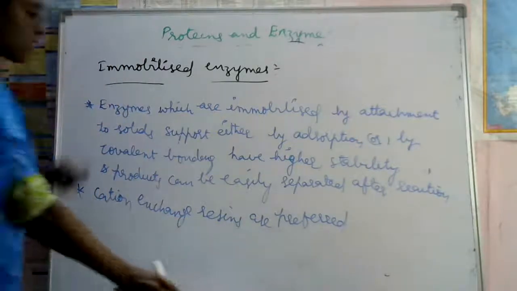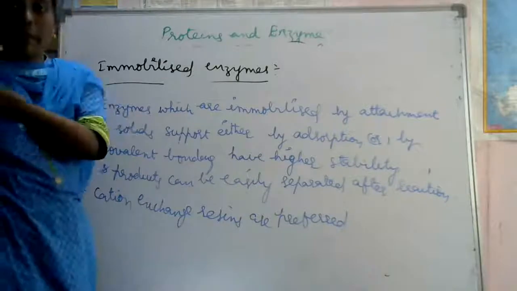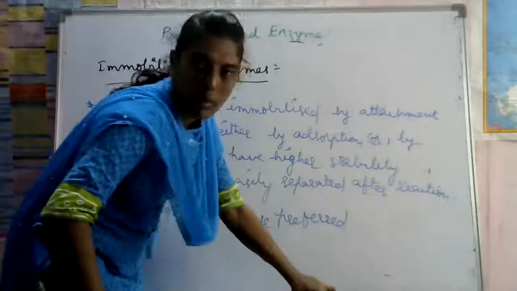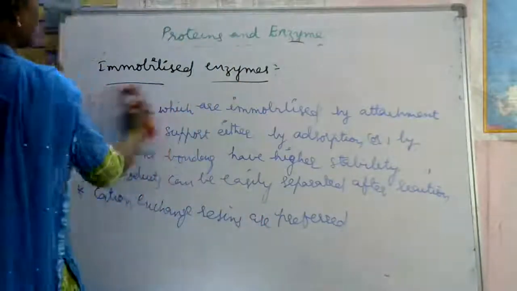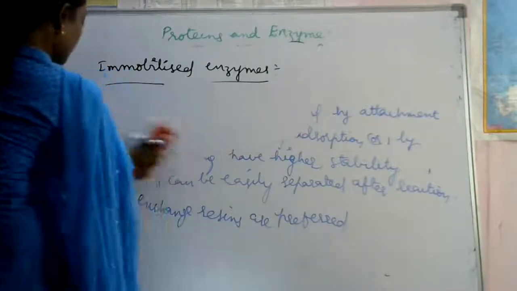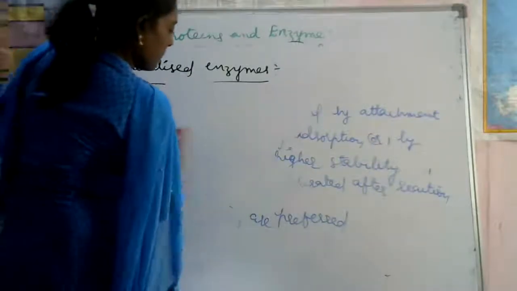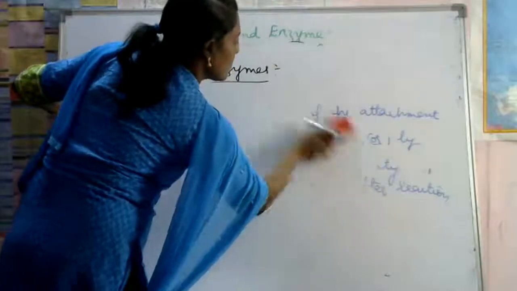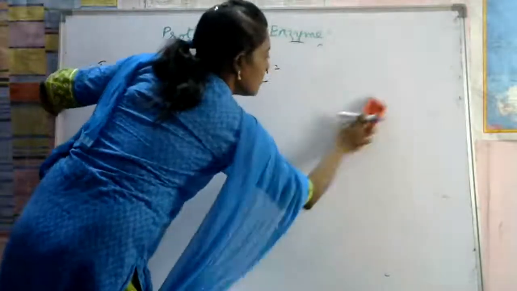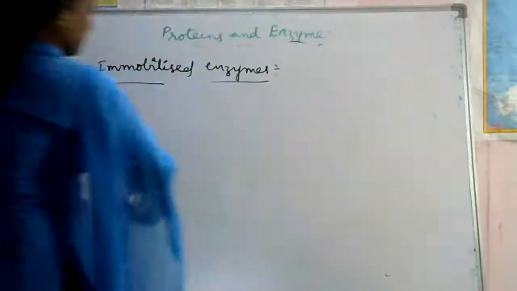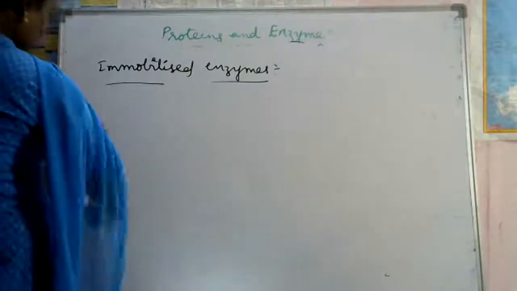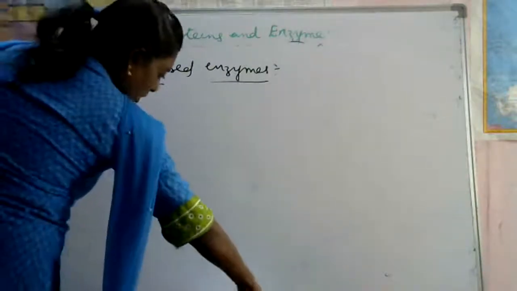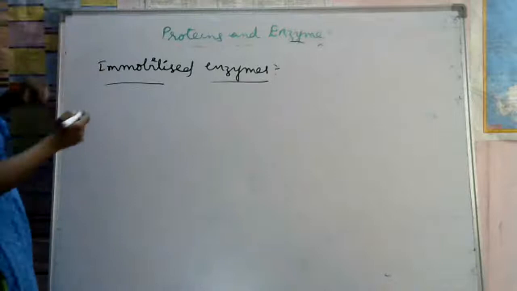Let's see some examples of immobilized enzymes. Immobilization on a cation exchange resin.